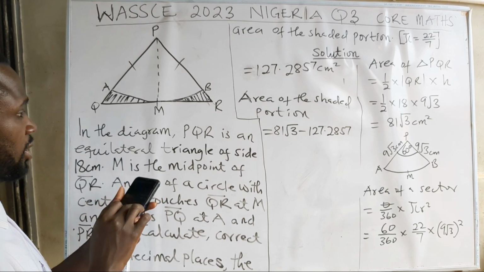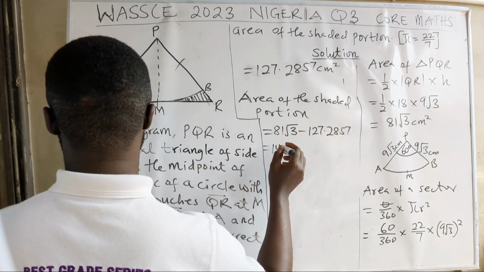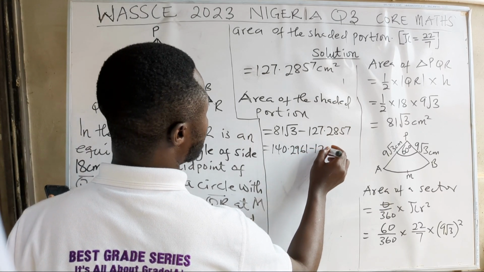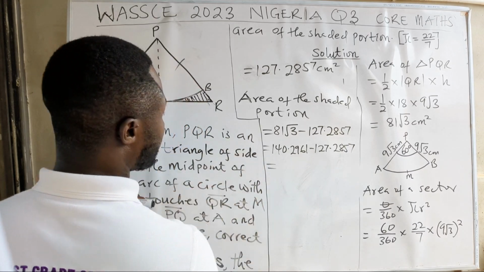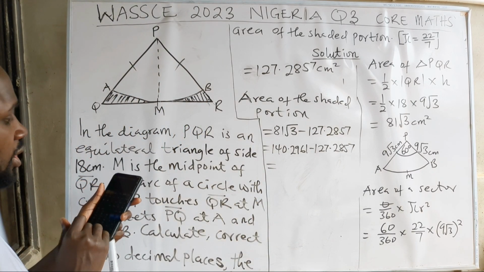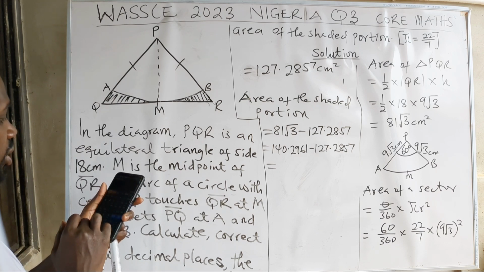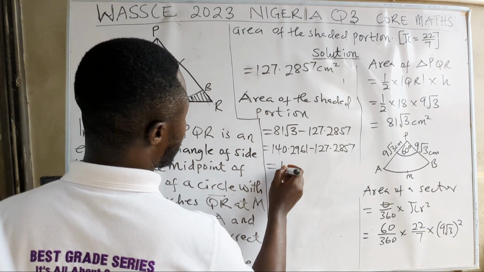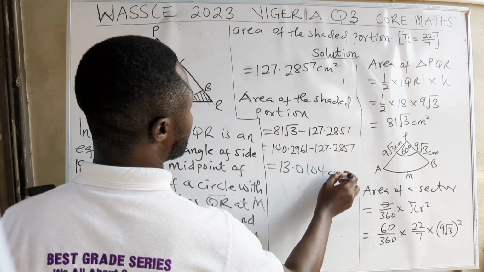81√3, for information, in decimal is 140.2961. So we do the subtraction: 140.2961 minus 127.2857, and that will give us 13.0104 centimeters squared.